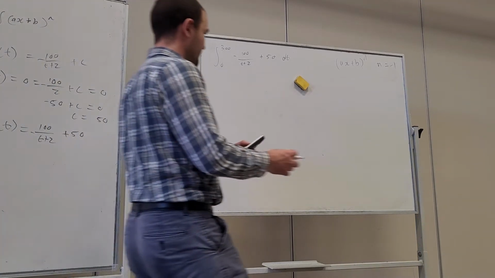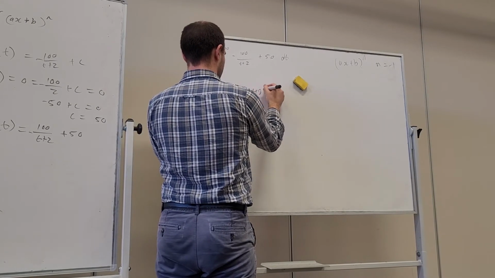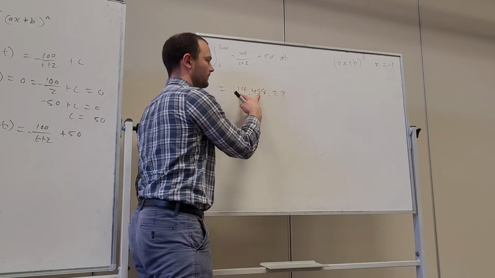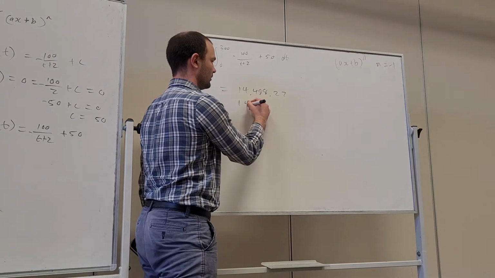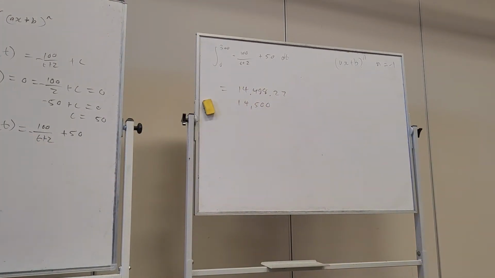And I've got 14,498.27. Okay, so three significant figures. You look at the first four numbers and round the fourth one. So we're going to have 14,500. And what is the significance of it?